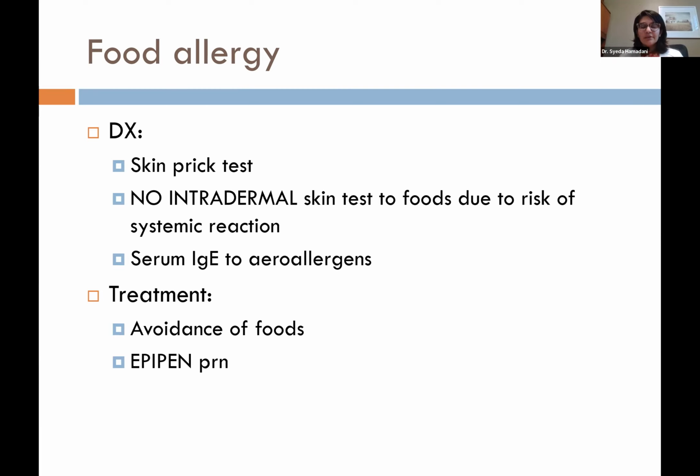The only food allergy where we have a treatment plan where we can actually treat the food allergy: there's a new product called Palforzia for peanut allergic patients.